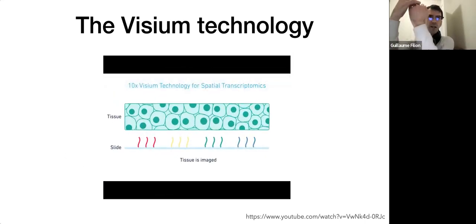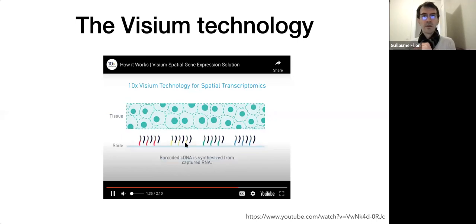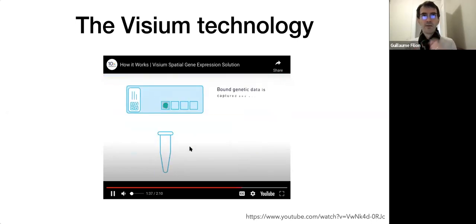And so the cells will leak their RNA locally only. Every piece here is a pixel with different primers, and they leak the RNA, but only locally. So they're captured by different primers that are here, and they have different barcodes, different indexes. Once you have made the cDNA, it's fine. You can just dump everything together.